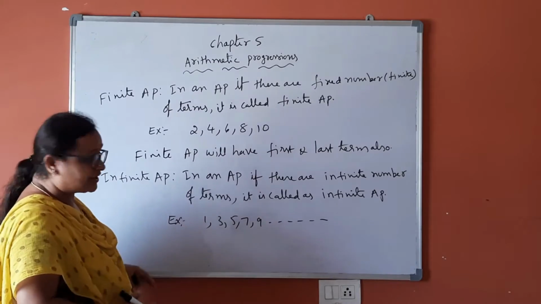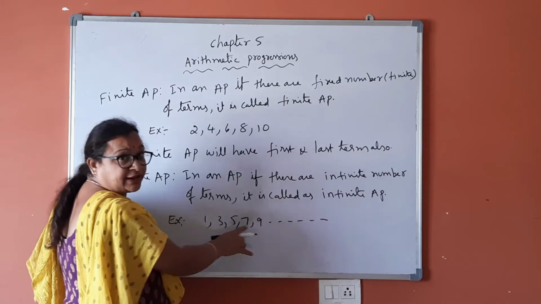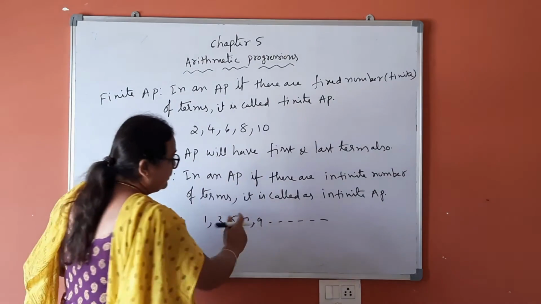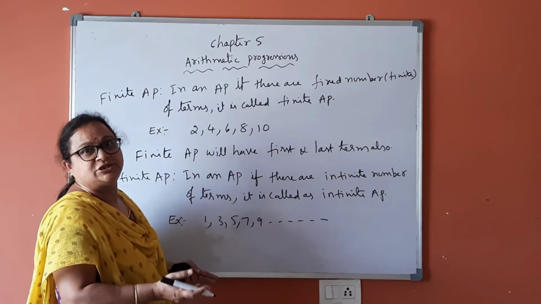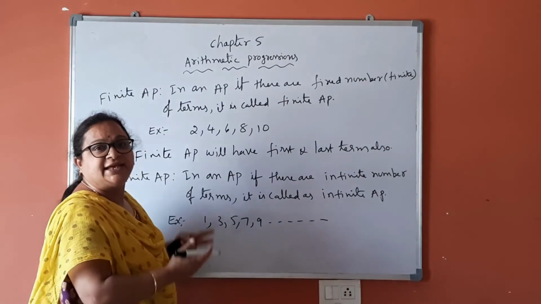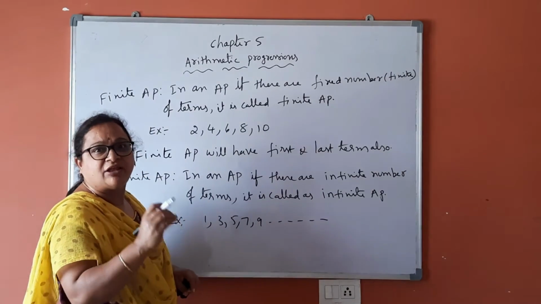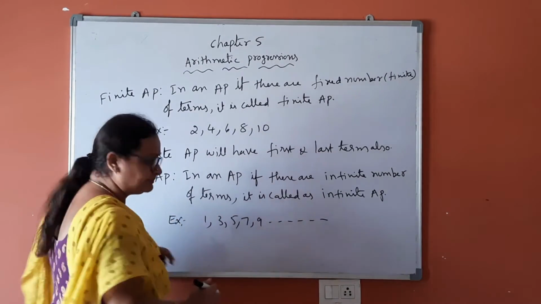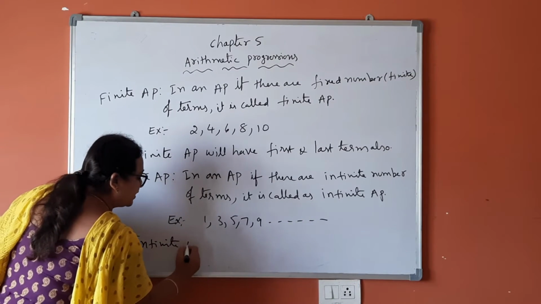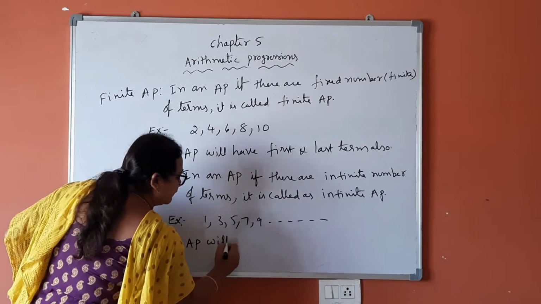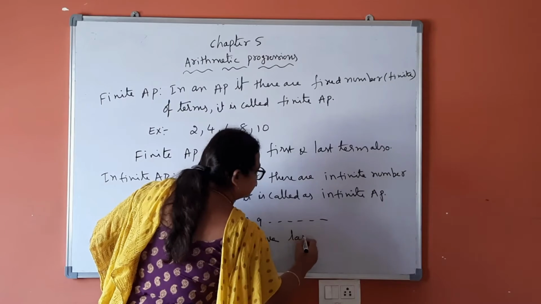Here how many terms are there? 1, 2, 3, 4, 5. Are there only 5 terms? No, because of 'and so on'. That means there are infinite number of terms. So it is called infinite AP. Infinite AP will not have a last term.